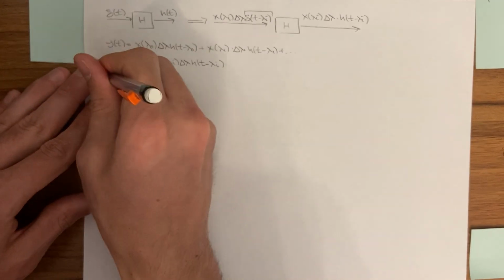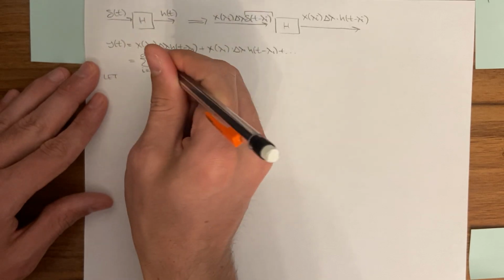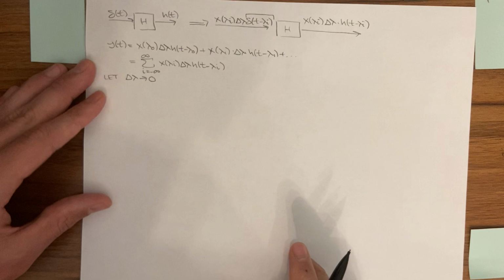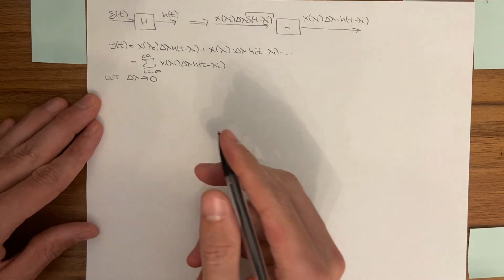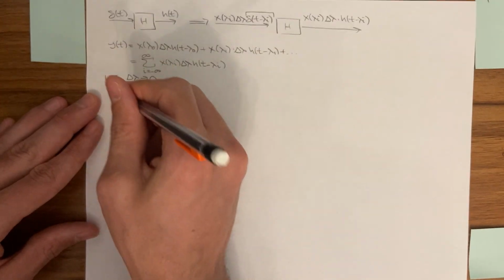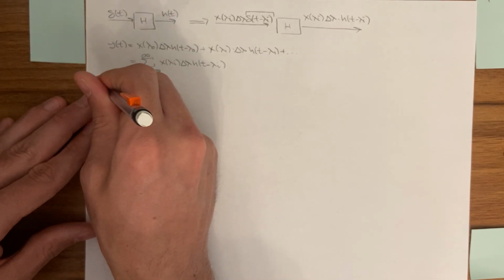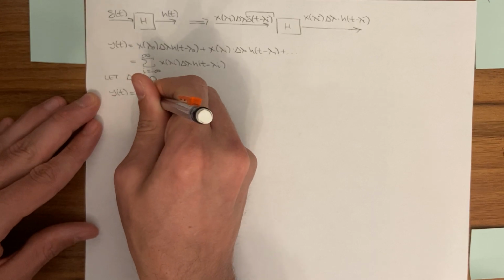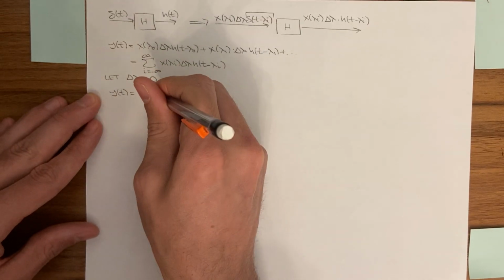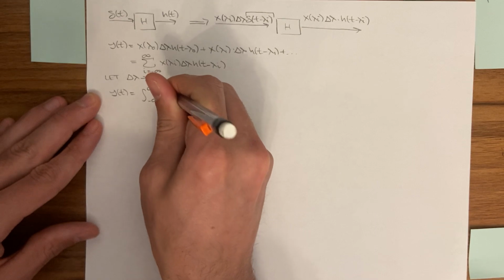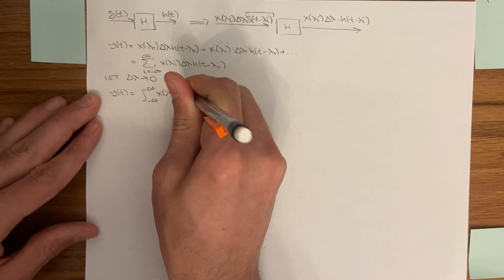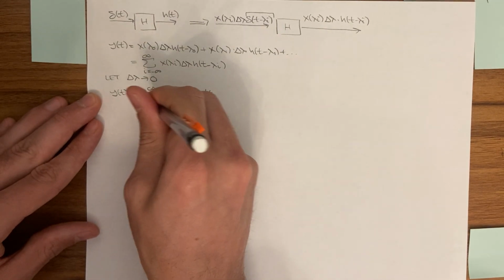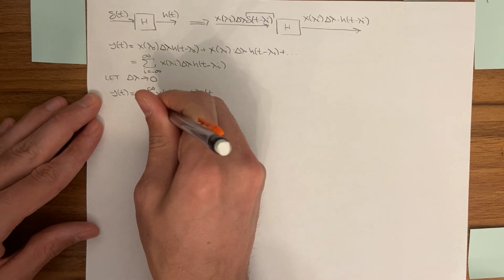But again, if we let delta lambda go to 0, then we essentially turn it into calculus mode. So we end up with y of t equals the integral from negative infinity to positive infinity of x of lambda h of t minus lambda d lambda. And so this is the convolution integral.